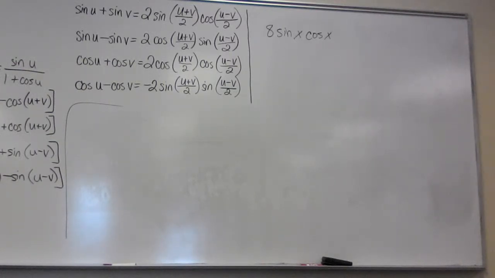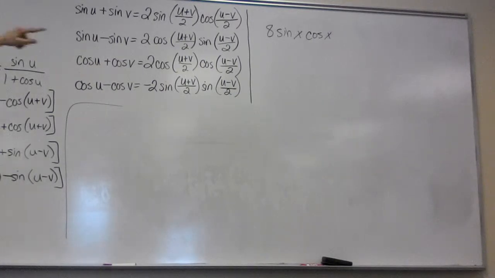Would you use the top one? You cannot just split the angle in half and split the sine function in half. That's not true. However, the top one kind of looks like that as a result. 2 sine u cosine u is equal to sine of 2u.